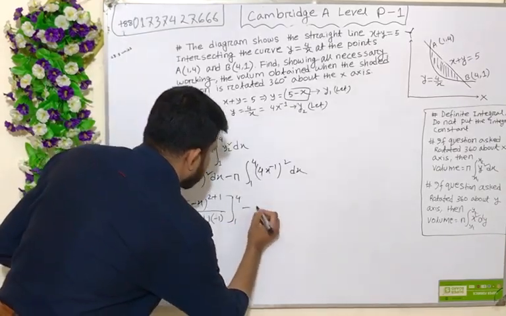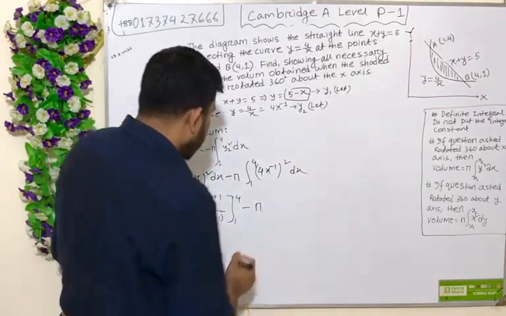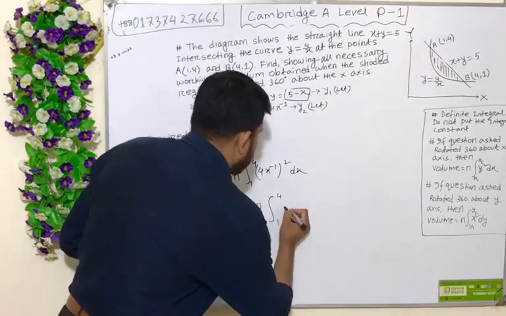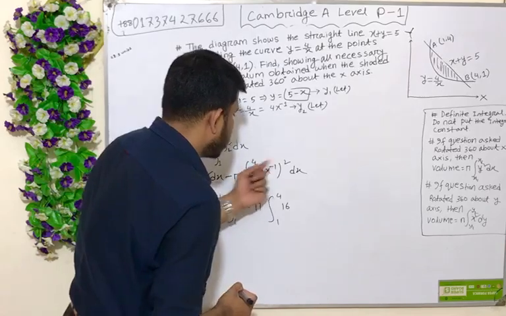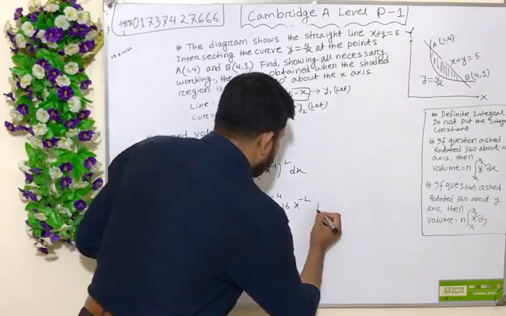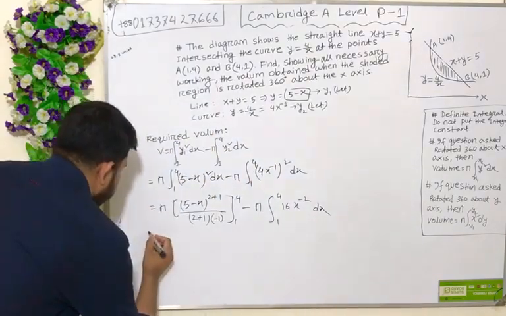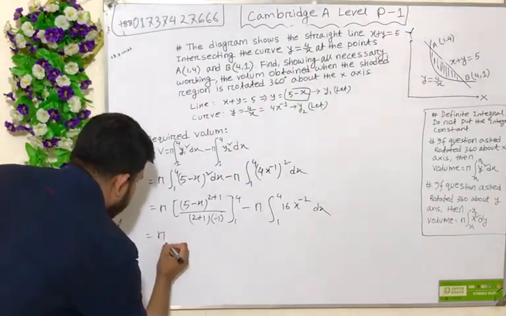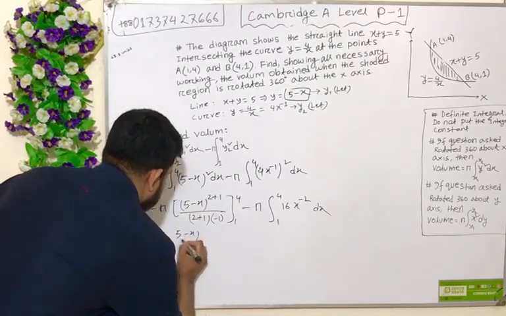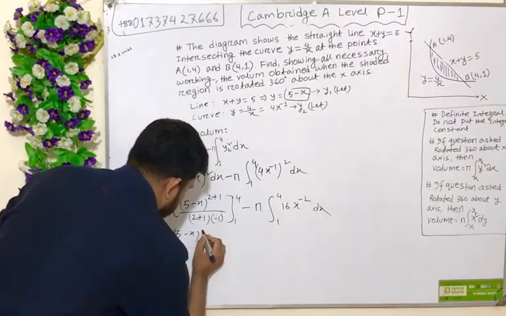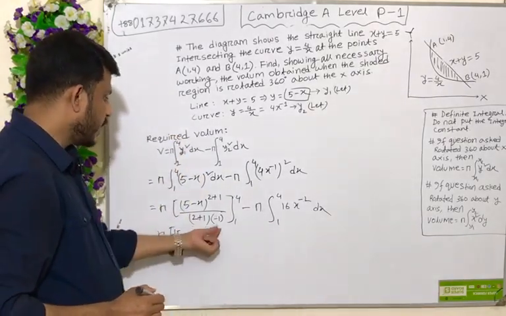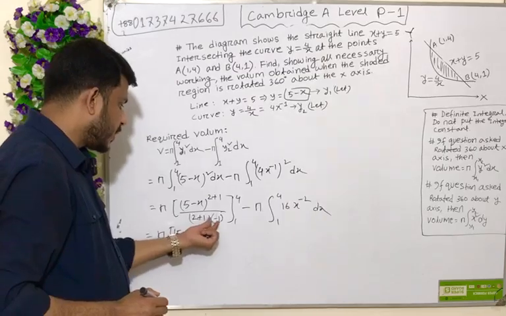Minus, and this is pi, just copy. And this is 1 to 4, and 4 square will be 16, and x inverse 1 squared will be x inverse 2, and dx is just copy. Then this is pi, just copy, and this is (5 minus x), 2 plus 1 will be 3, and minus 1, if you multiply, it will be minus 3.